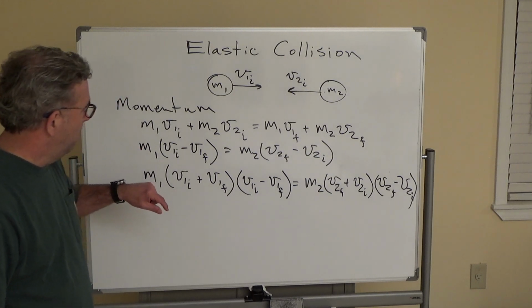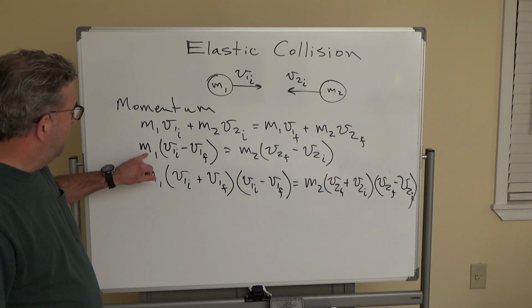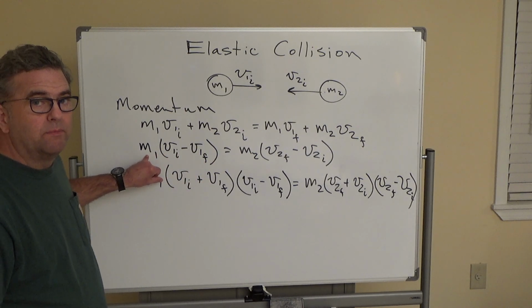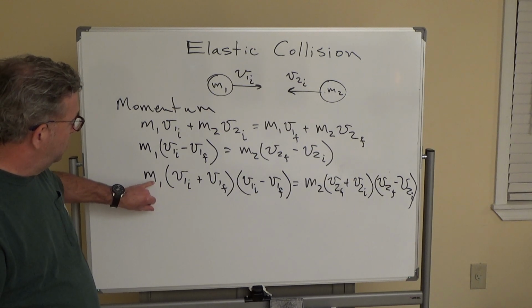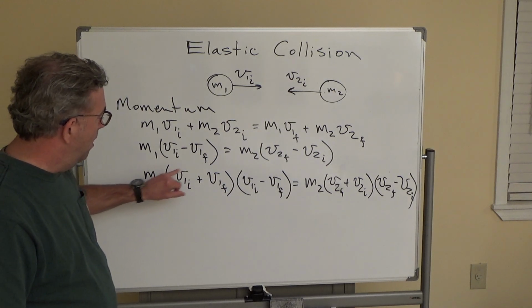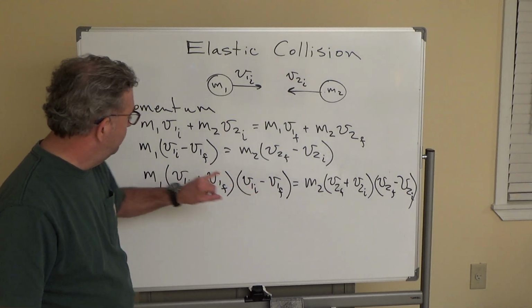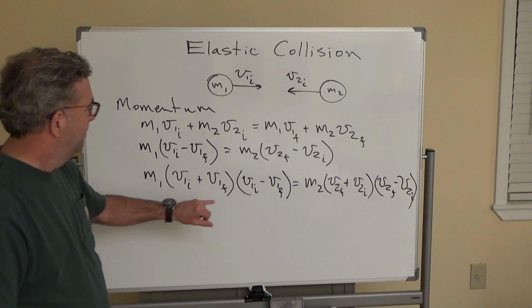Look what I have here. I have V1 initial minus V1 final times M1. Down here, one of the factors is exactly like this. This came from kinetic energy.